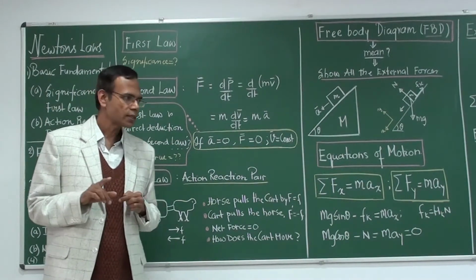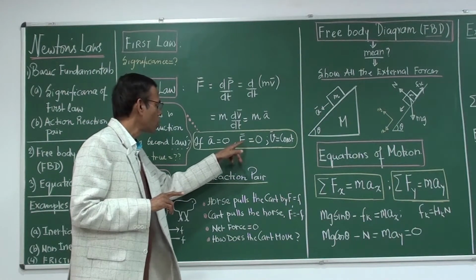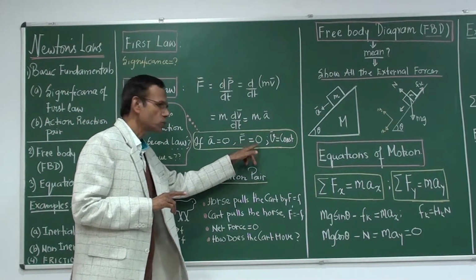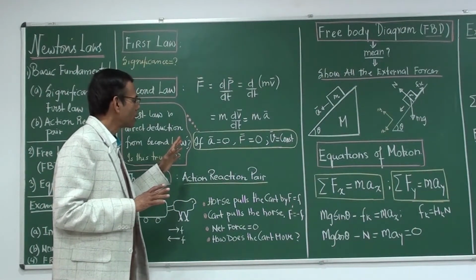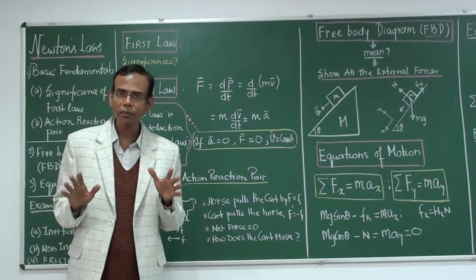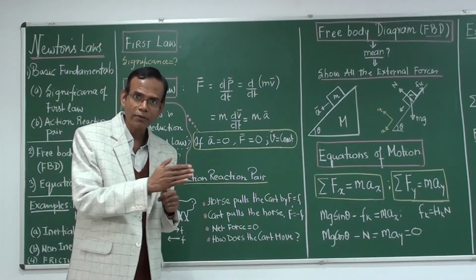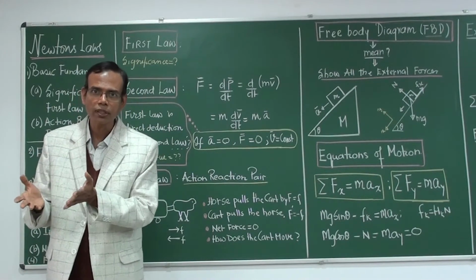Newton's first law is that if acceleration is equal to 0, force is equal to 0. Now if I am in an accelerating frame, I see him accelerated, whereas no force is acting on him.